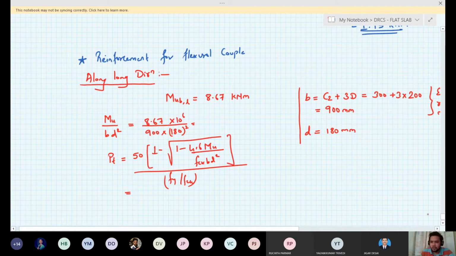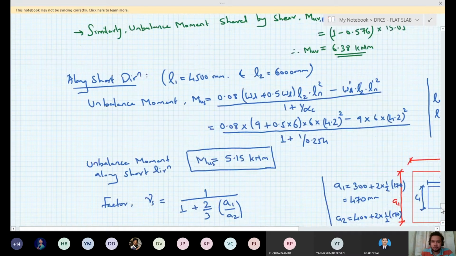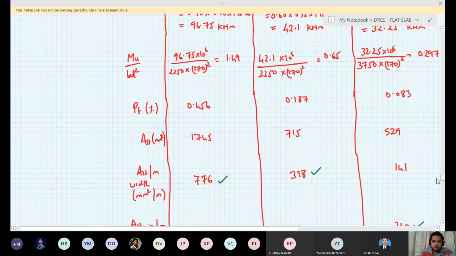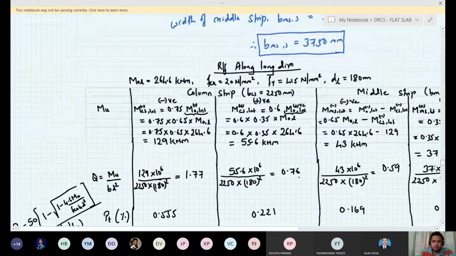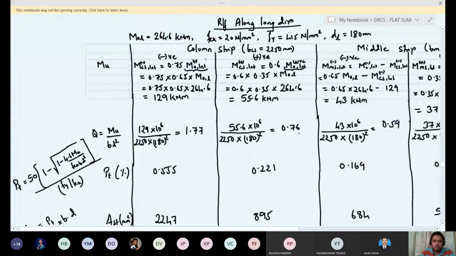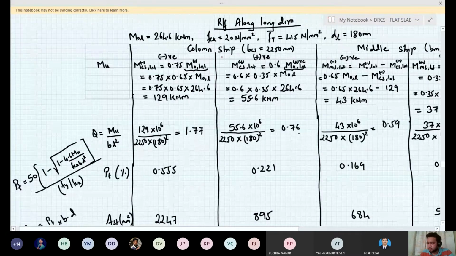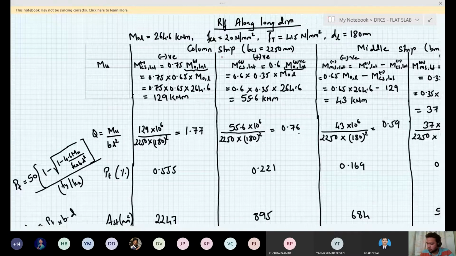Here our grade of concrete is M20, you can use M20, and the grade of steel is 415.